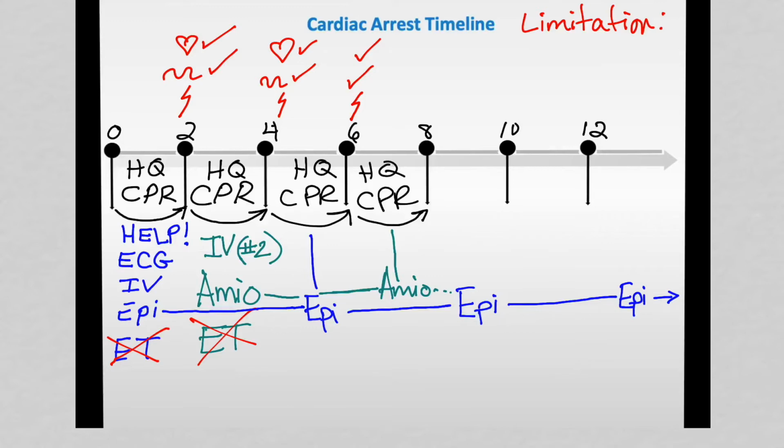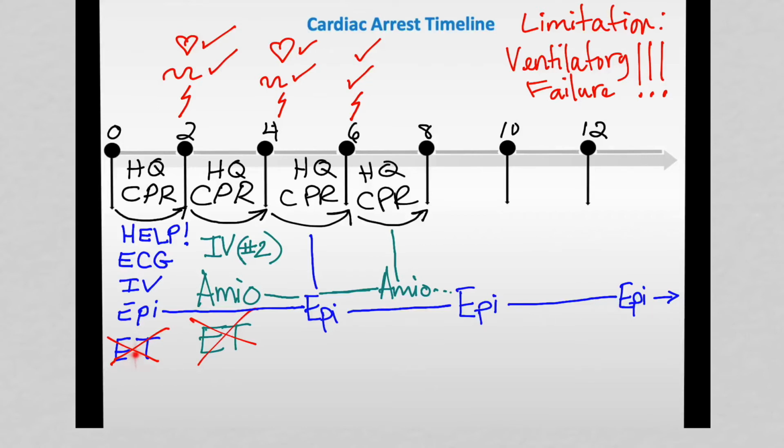Endotracheal intubation isn't called for until after the second window, somewhere between the 4 and 6 minute mark, unless there is ventilatory failure. This is so important, I think I'm going to put some exclamation points next to it. So a limitation of this 2 minute time frame is if there's ventilatory failure.